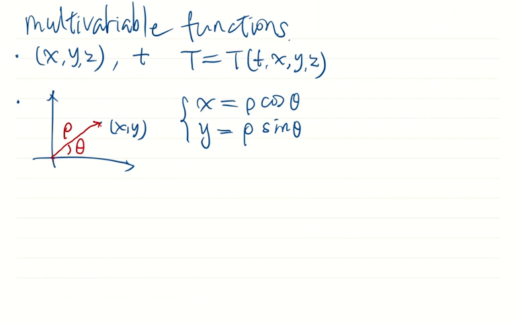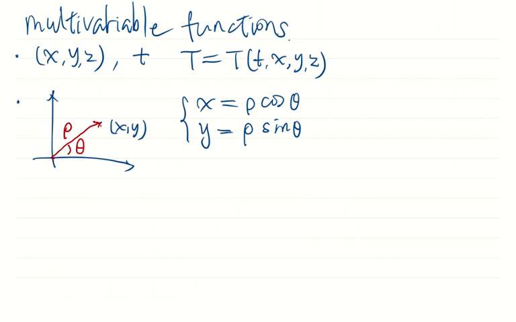Therefore, we have two dependent variables x and y and two independent variables rho and theta. Both x and y depend on rho and theta. Therefore, they are functions of rho and theta. So we have a system of functions, with two independent variables rho, theta and two dependent variables x and y.